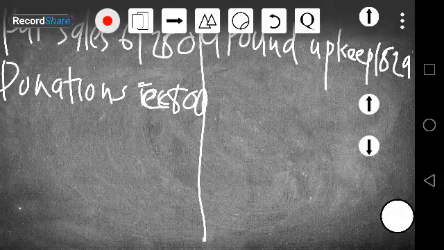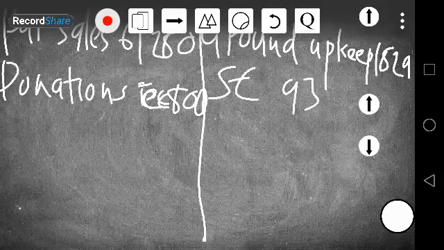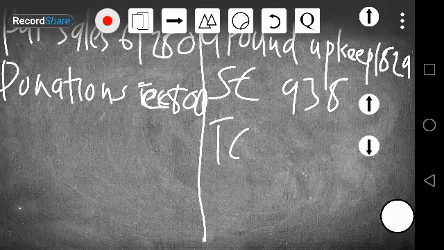Then with secretary expenses, 938. With transport costs, there's 2,420.